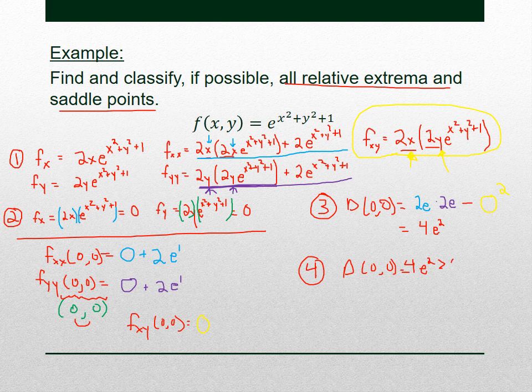We're plugging in (0, 0). But this x right here and this y right here, when you plug in 0, are just going to kill off the whole thing. We don't have anything added to the end of it. So that's just 0. So this is minus 0 squared, which is still 0.